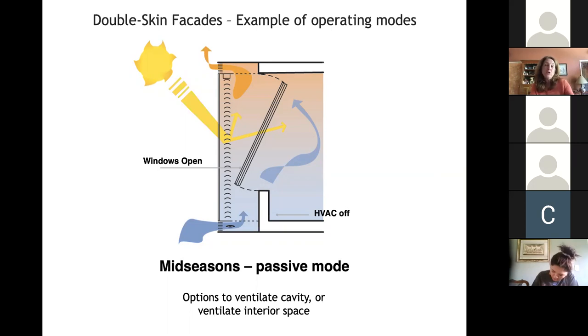So you might close the blinds to keep the sun out. You might open the vents to ventilate that space, but you could also open the windows so that that air is actually not just ventilating the plenum, but it's actually moving into and ventilating the interior office space. And maybe in those mid-seasons, you can turn off the heating or air conditioning entirely and create just passive mode.